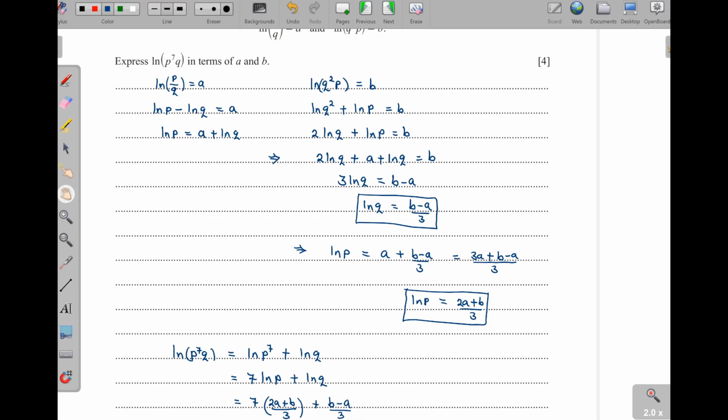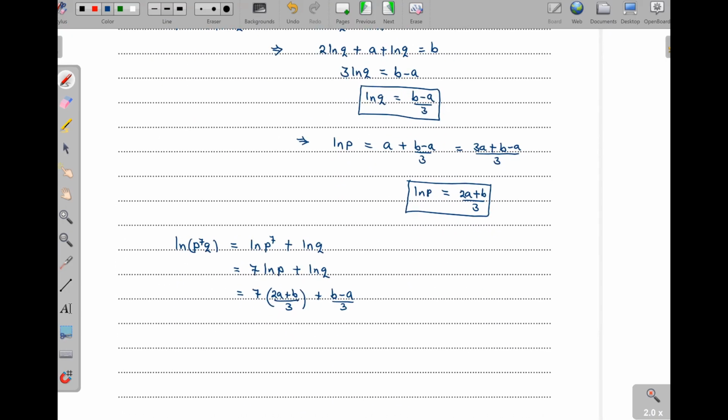Then these are fractions which we can simplify. So we have 14a plus 7b when I open the brackets here, then plus b minus a. Everything is out of 3 because it is the common denominator here.